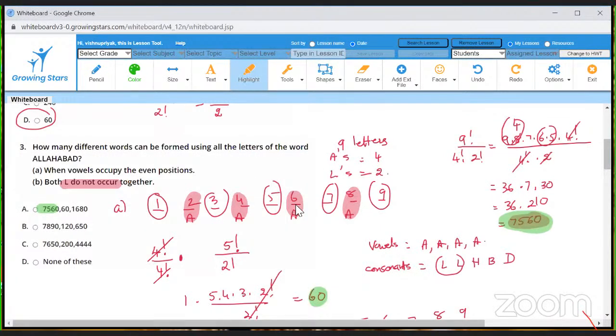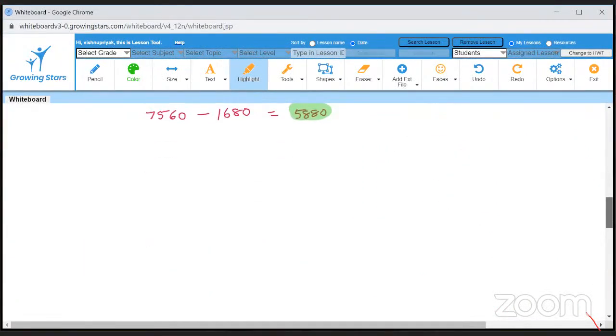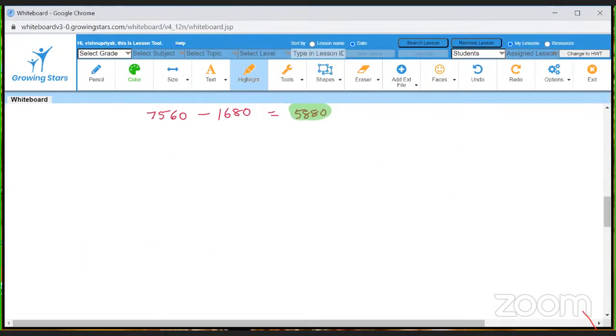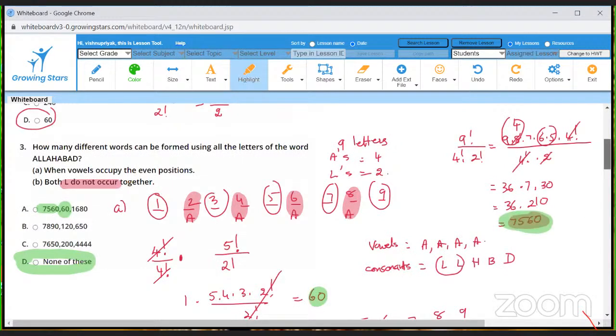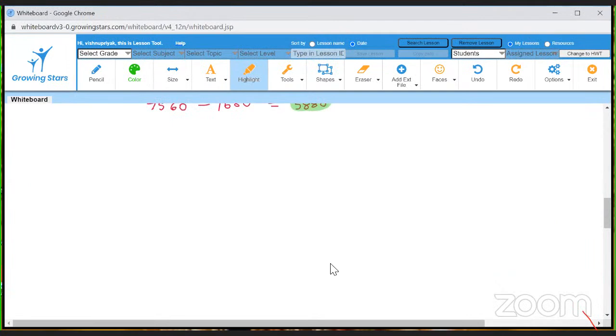But for third one, I got 5880, which is not there anywhere. So option D is the correct option. None of these. It's not a big number. In the options, 3 answers are given separated with commas. It is not something like 70 crores. The answer is not like that.